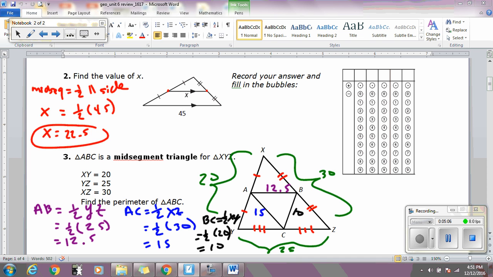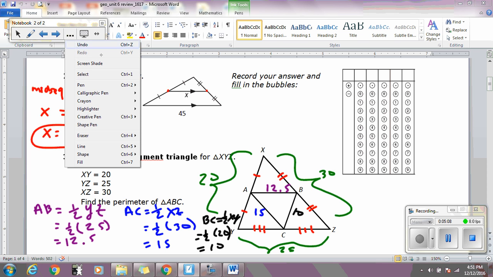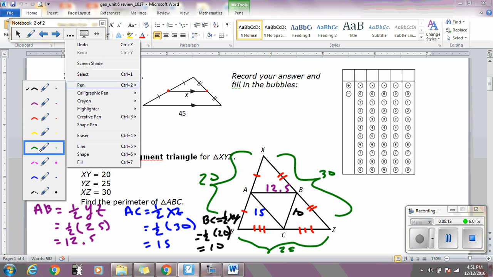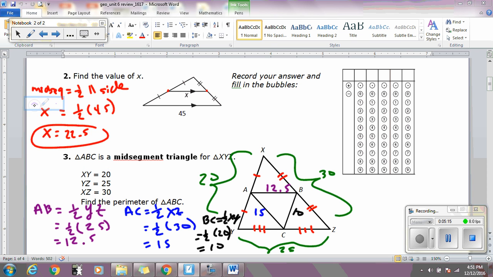And now to find the perimeter, I add up all my sides. So the perimeter of ABC is going to equal 15 plus 10 plus 12.5, which would give me 25 plus 12 is 37.5.